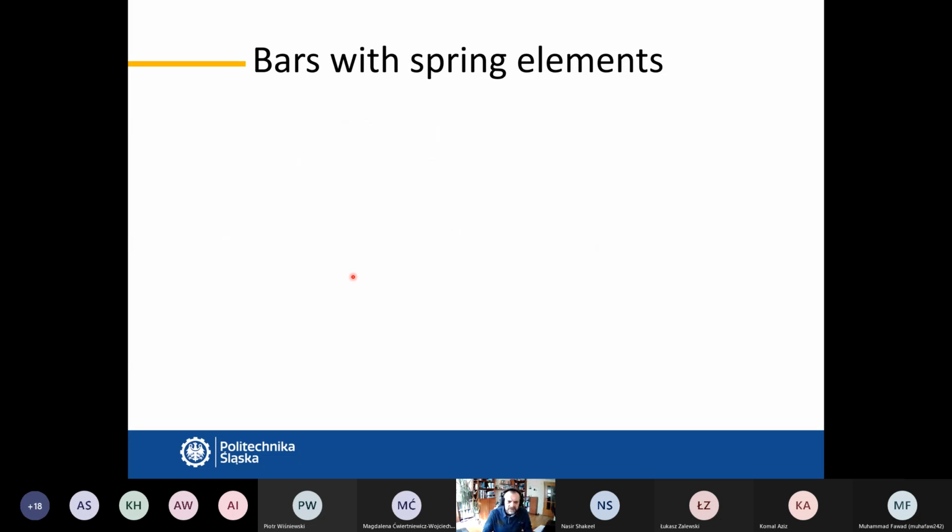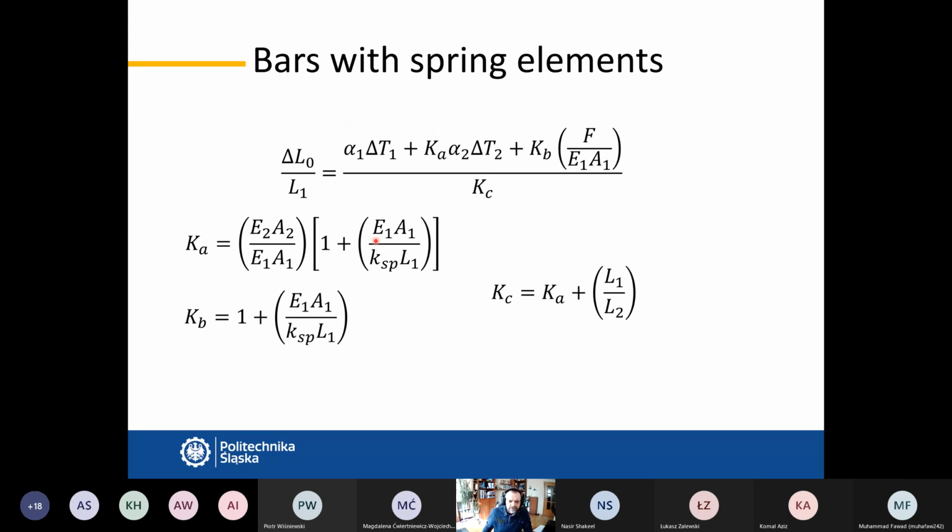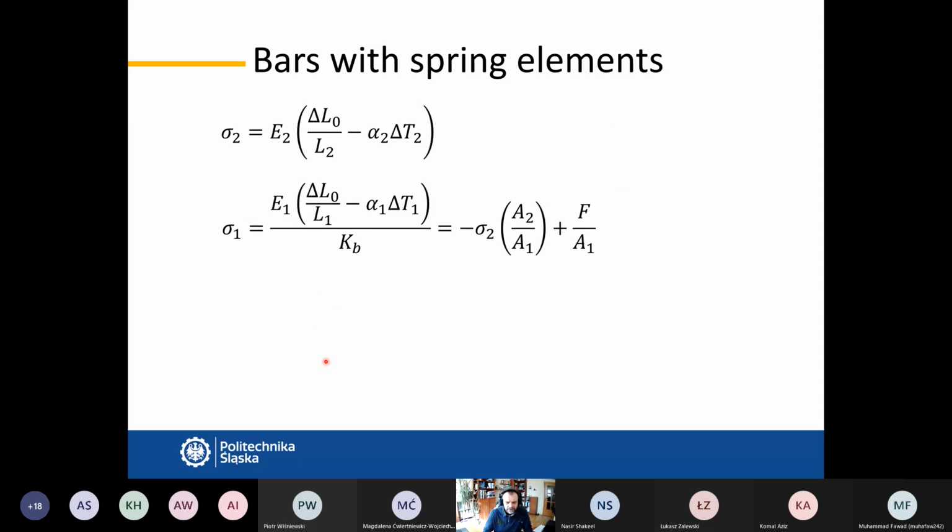If you look here, we have K spring, and a K factor, the second factor. And from the equation of equilibrium, sigma 1 is expressed in such a way. It's of course equal to force in member number 2 and the force resulting from the external action.